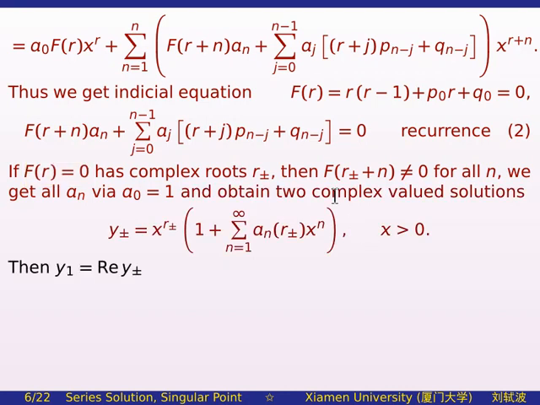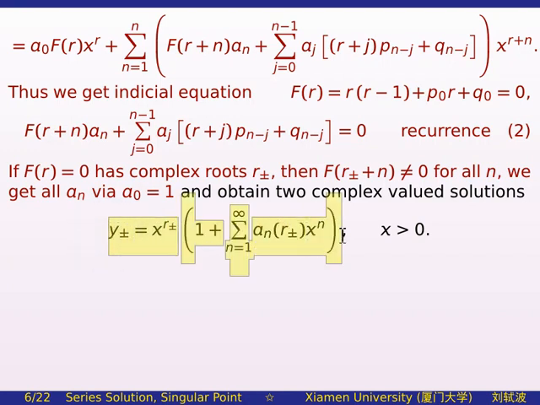Now, because r plus and r minus are complex, this is a complex valued function. But our equation has real coefficients, and we want to find real solutions. We don't want to work with complex functions.